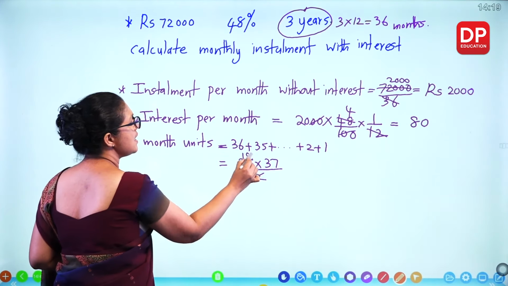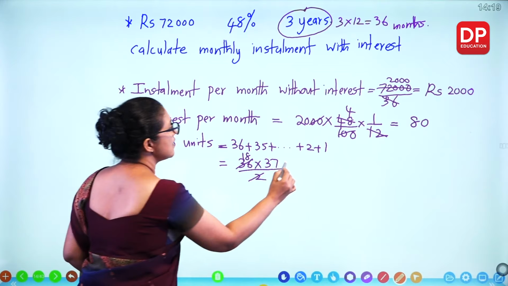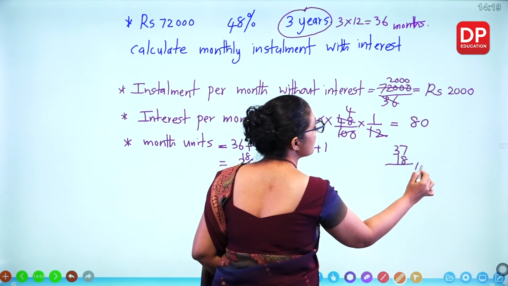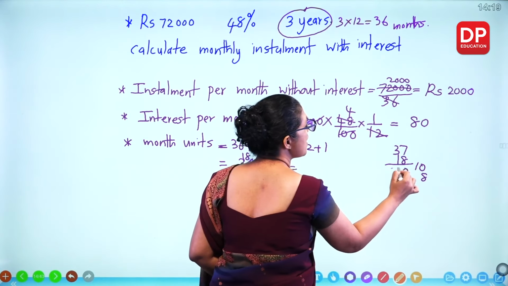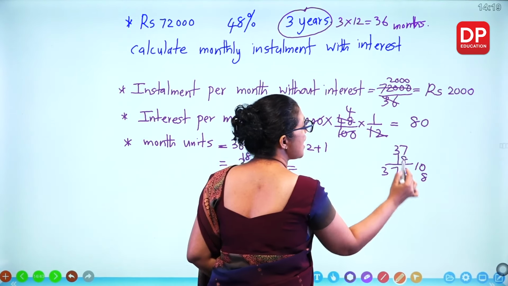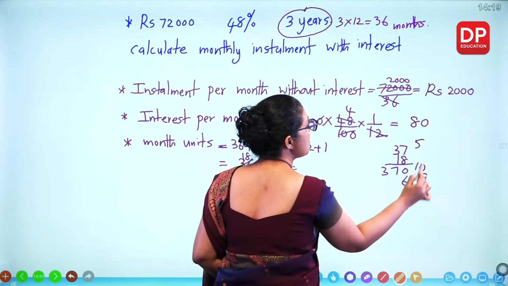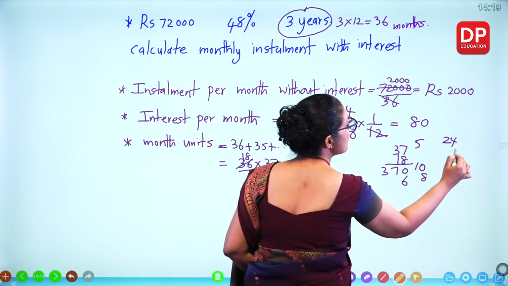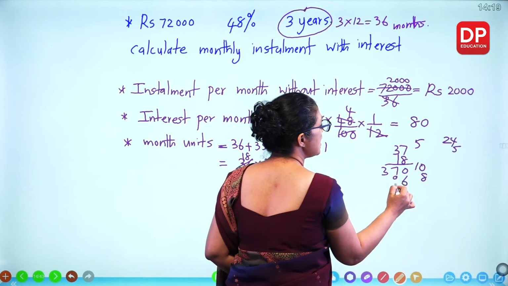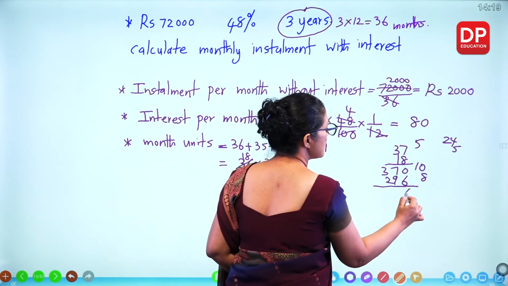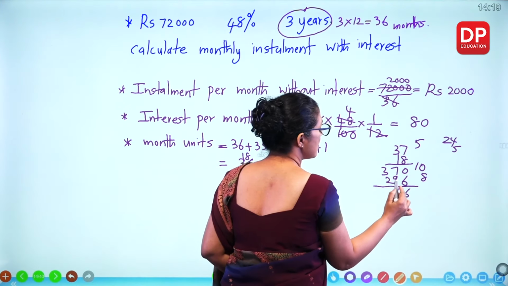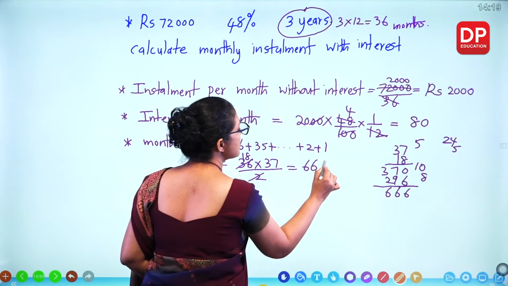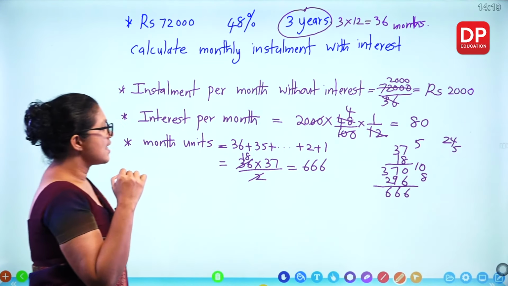So 18 into 37. 8 times 7, 56. 5 remaining. 8 times 3, 24. 24 plus 5, you get 29. So 666 month units are there.